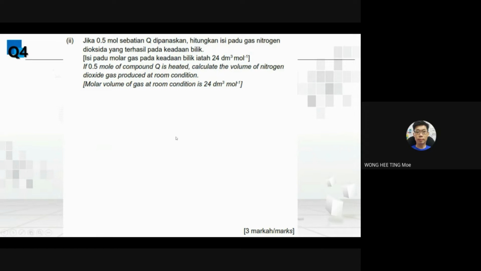Okay, already calculated. 2.4 cubic decimeter. Yeah, that also got the same answer.